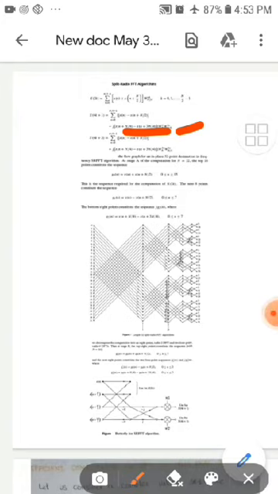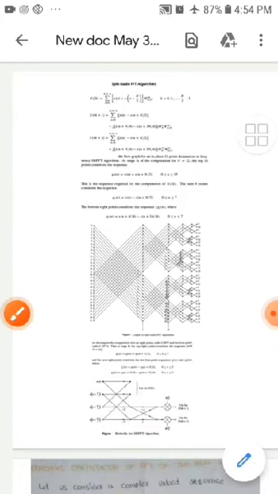So see here, minus j, x of n plus N by 4 minus x of n plus 3N by 4, so this line. So minus j into x of n plus N by 4 minus x of n plus 3N by 4, into W N to the power of nk.